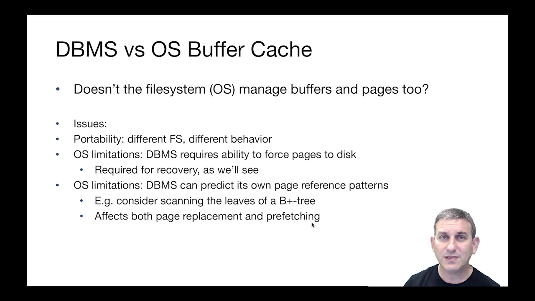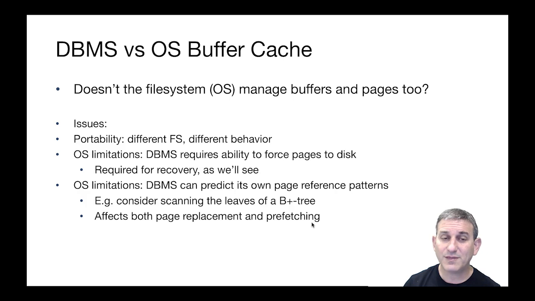And the operating systems either don't have APIs for this, or sometimes they have an API, but it's only advisory. So the database system can say, please flush this page. The operating system will say, I'll get on that, but the operating system actually hasn't done it. And so the database system never knows if the page has been flushed or not. And that can cause catastrophic failures if the database system doesn't get that right. And so it wants to keep track exactly of which pages were flushed to disk.